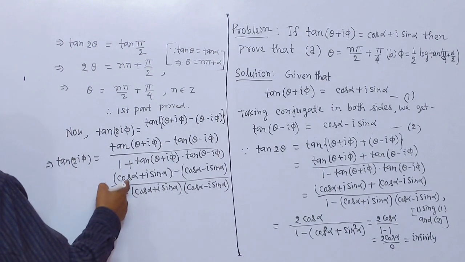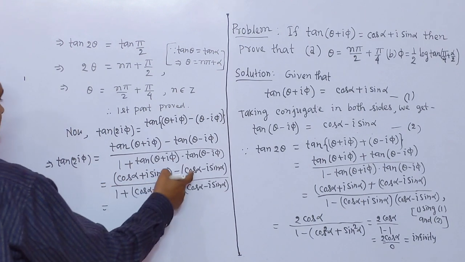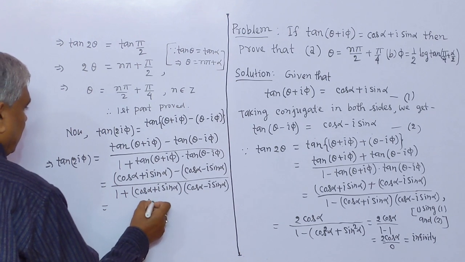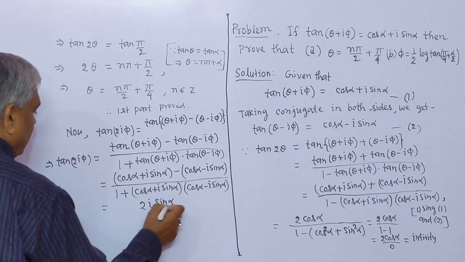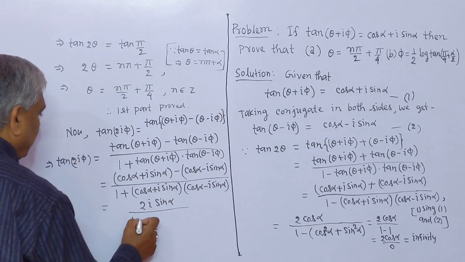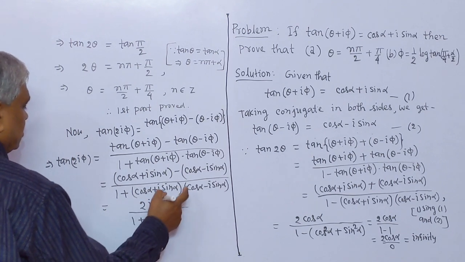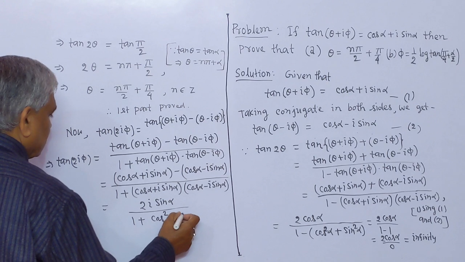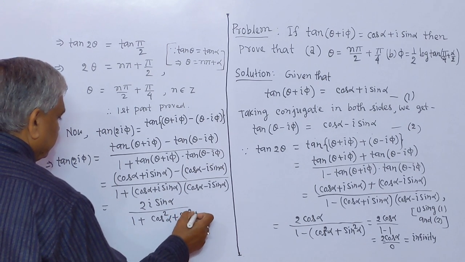This is equal to, here cos alpha and cos alpha cancel, so remains 2i sin alpha by 1 plus cos square alpha plus sin square alpha.